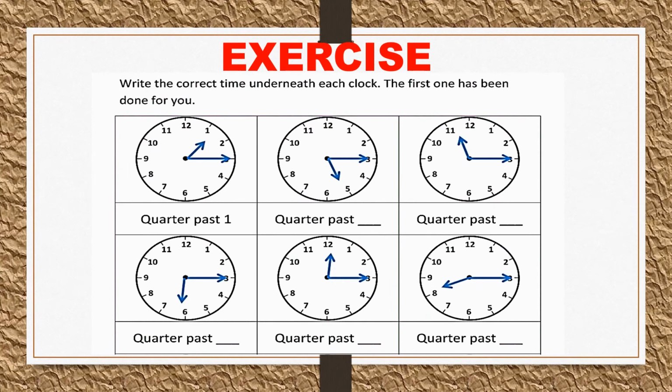Children, you can see here is an exercise for you. In this exercise, you have to write the correct time underneath each clock. You can see, children, the first one has been done for you and the rest of the examples you have to do in your exercise notebook.